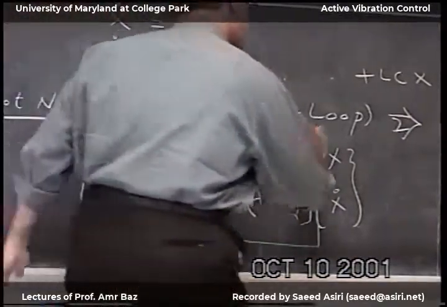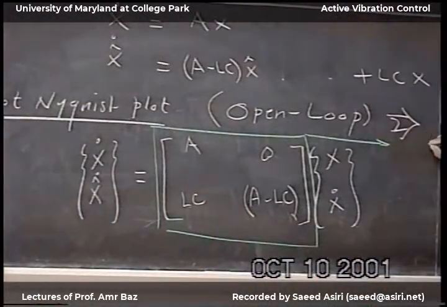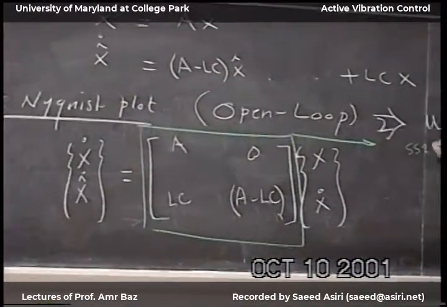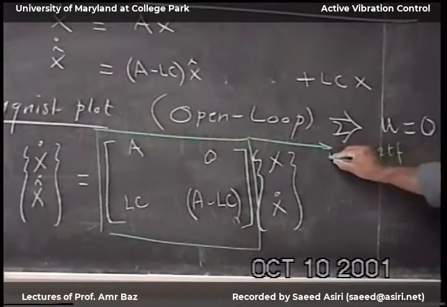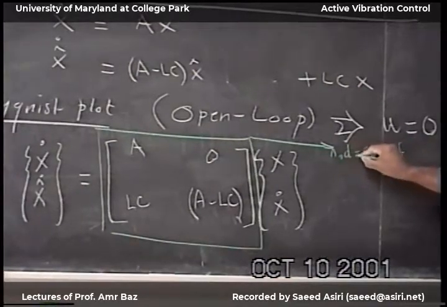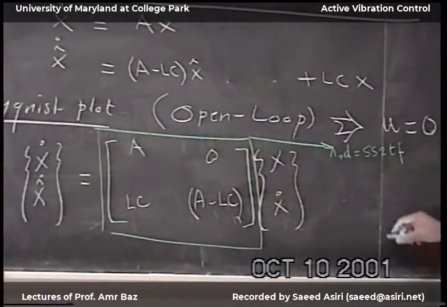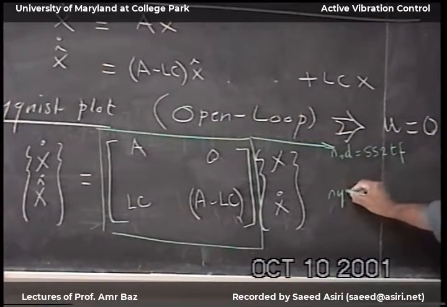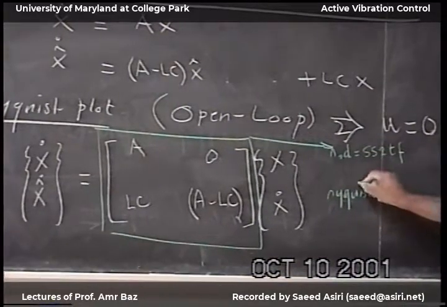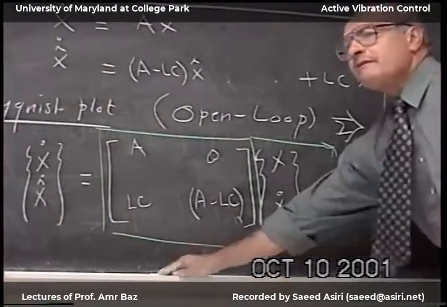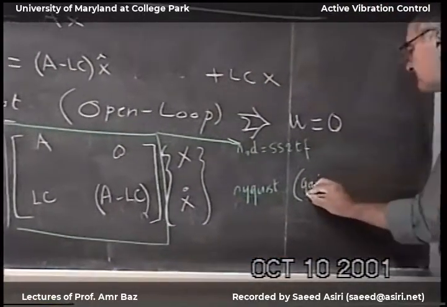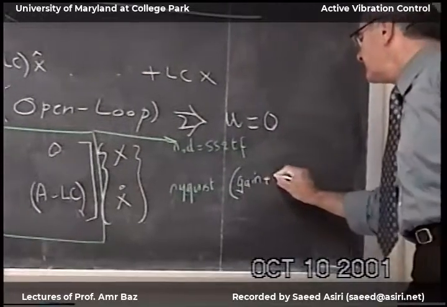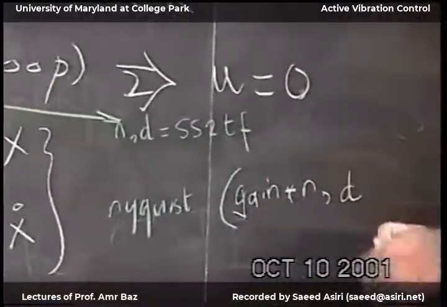After I get this and use the state space to transfer function command, I'll get the numerator and the denominator. Now I want to plot the Nyquist. Then I say the gain times the numerator and the denominator.